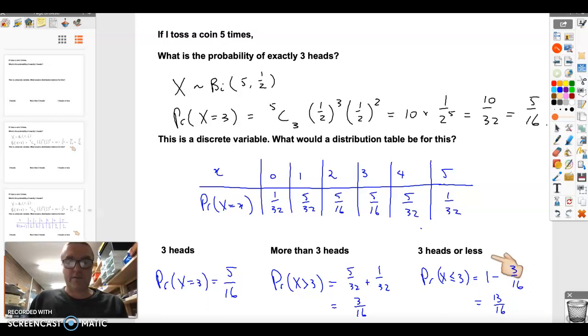Alternatively, I could have simply looked at these 4 probabilities from x equals 0 up to x equals 3, and that would still give me 13/16. So that's a recap on discrete distributions and what we've learned recently about binomial probabilities.